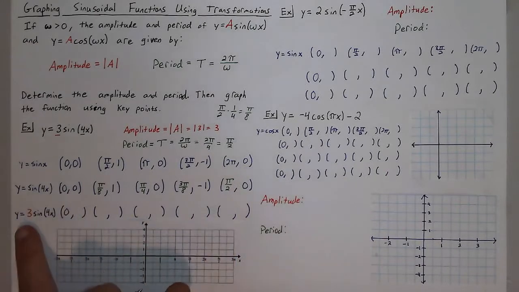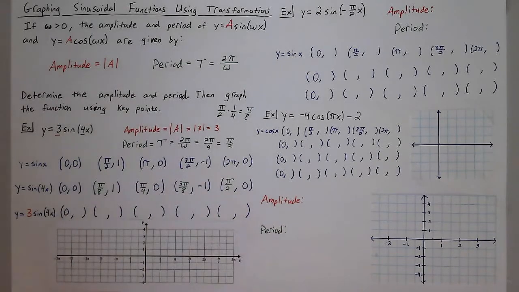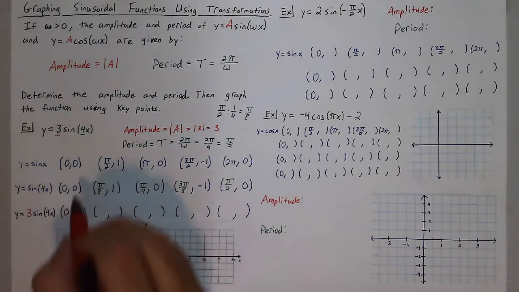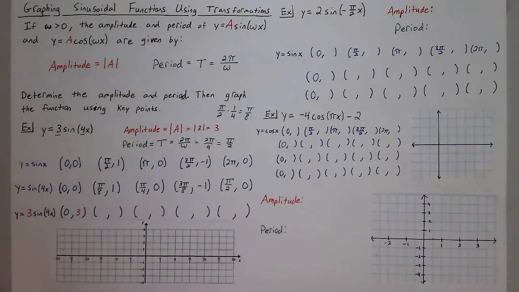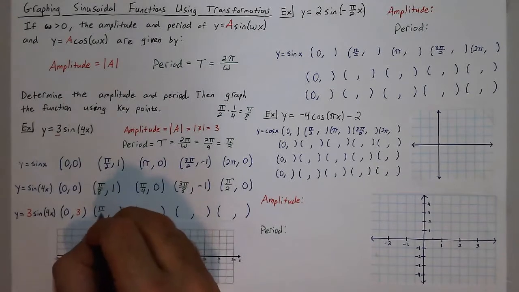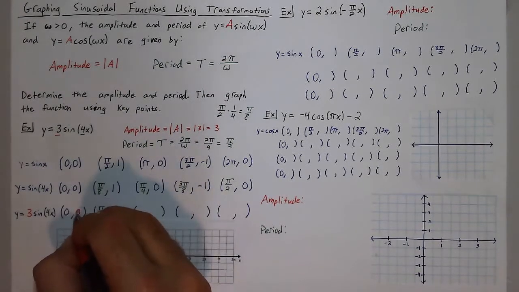Now, this 3 is the amplitude change, and that's what I'm going to multiply each of my y values by to figure out where my new point is going to go. If I take 0 and multiply it by 3, I'll get... oh, sorry, 0 times 3 is 0, not 3.